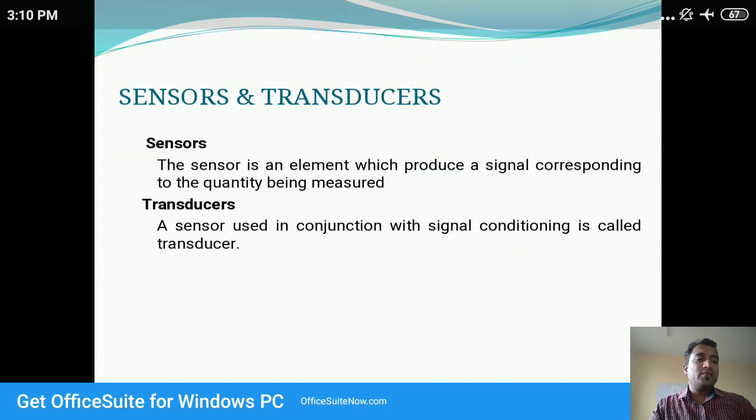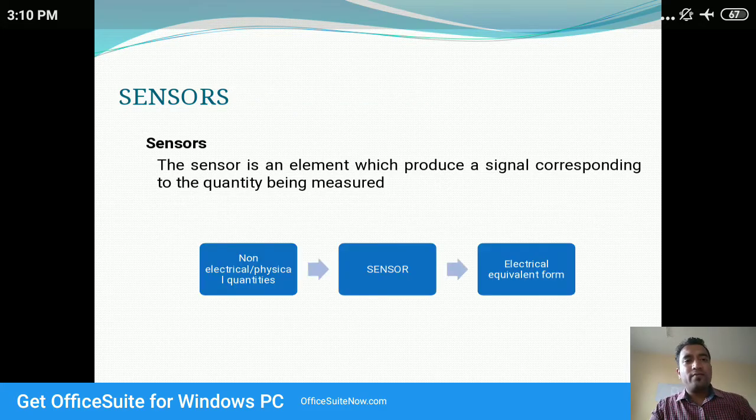A sensor is a device used to sense physical or non-electrical quantities and produce electric signals. Transducers are those which use sensors and signal conditioning, and give you electric signals. First, we will discuss sensors and transducers one by one.